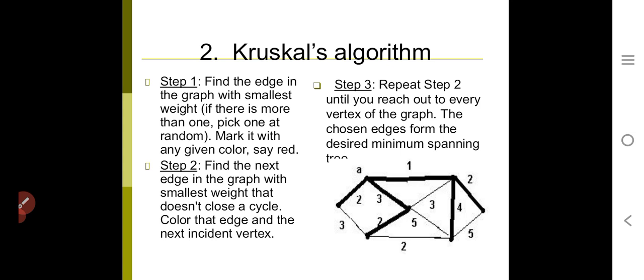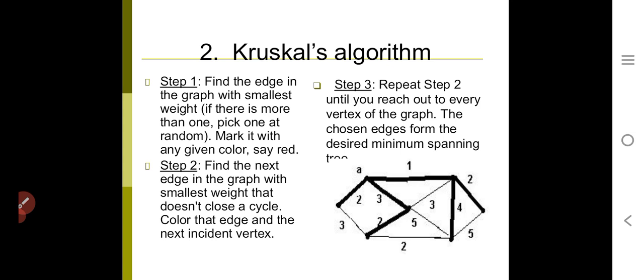And we have one condition: the vertices or edges must not make any cycle. A spanning tree has no cycle, so this is the condition. So again repeat the steps, step 2, until we cover all the vertices in the graph. Then at last we find the minimal spanning tree.